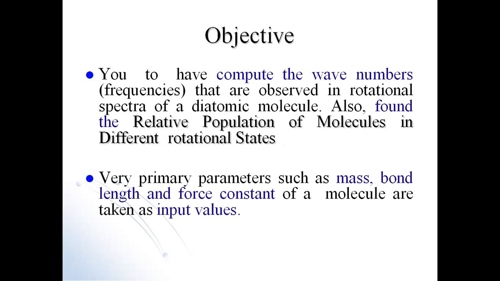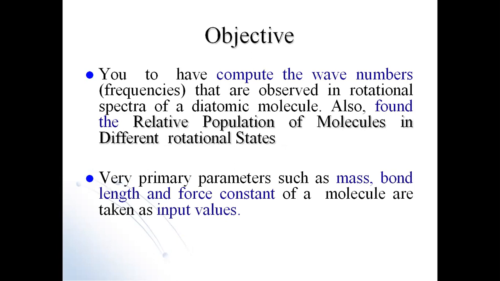rotational energy levels, and you also have to find out the number of molecules present in various J levels. You have various rotational levels, as you have already studied: a rotational energy level E0, and rotational energy levels E1, E2, E3, E4, where 0, 1, 2, 3, 4 describe the quantum number J. For J equal to 0, you have the lowest rotational energy level, which we consider as E0.